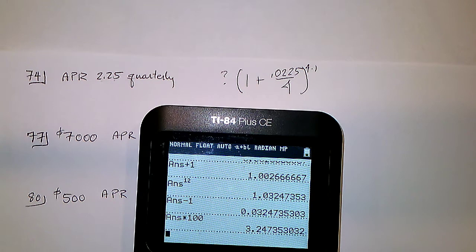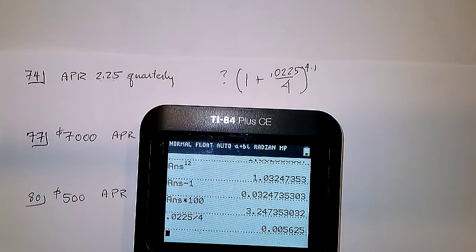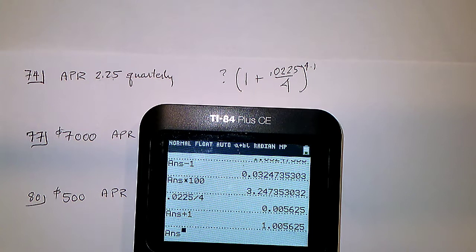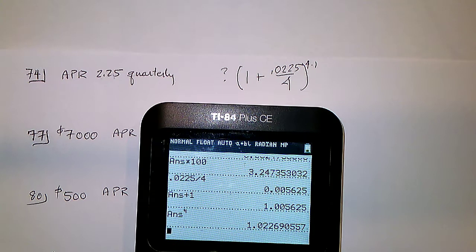So we'll do 0.0225 divided by 4 plus 1, to the power of 4, because 4 times in a year.